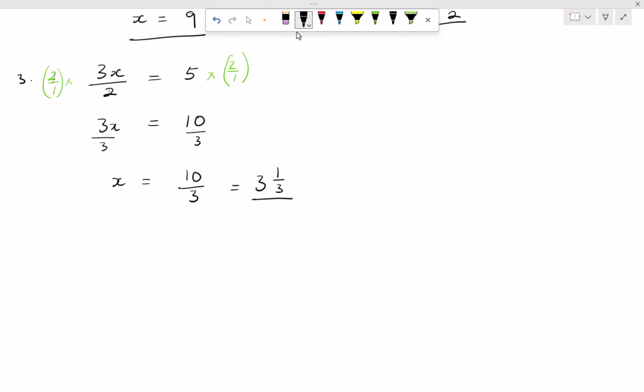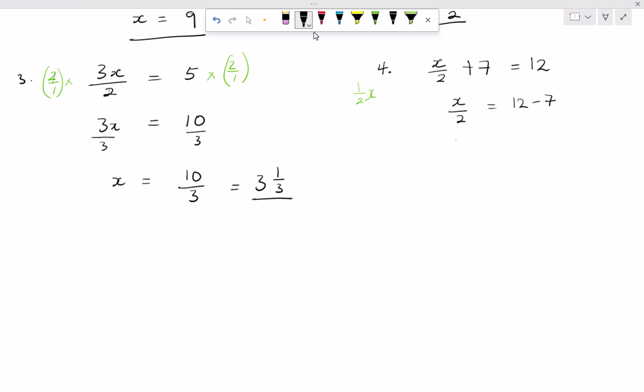Okay, number 4, we have x over 2 plus 7 is equal to 12. We have a fraction of a whole number and another whole number. So we can start off by actually moving like terms together. This is x over 2. X over 2 is the same as, say, 1 over 2 x, right? So we have an x term here. So we're going to move 7 to the other side, and we remain with x over 2 is equal to 12 minus 7.